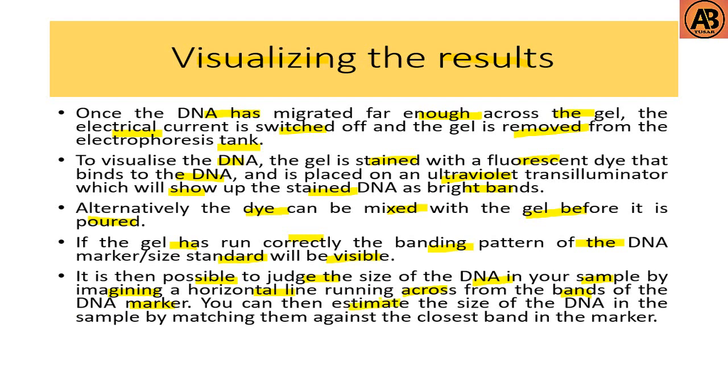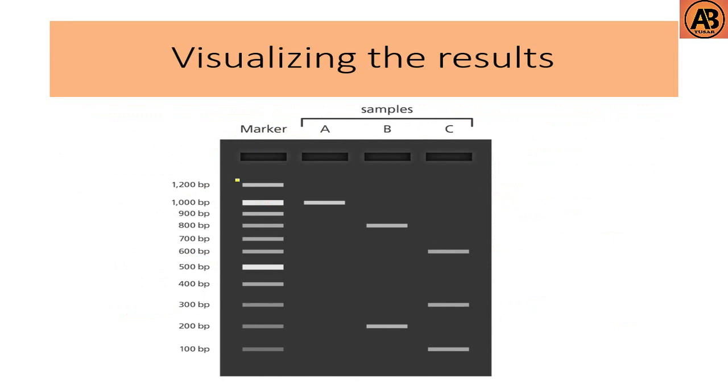You can then estimate the size of the DNA in the sample by matching them against the closest band in the marker. Here we can see the visualizing the results of the sample. So this is all about gel electrophoresis.